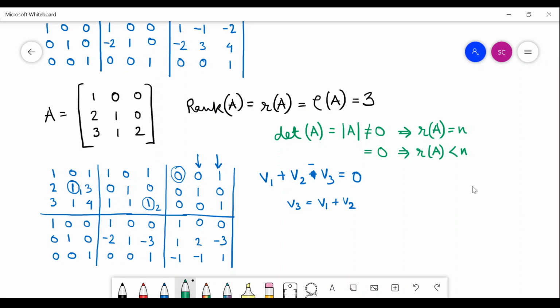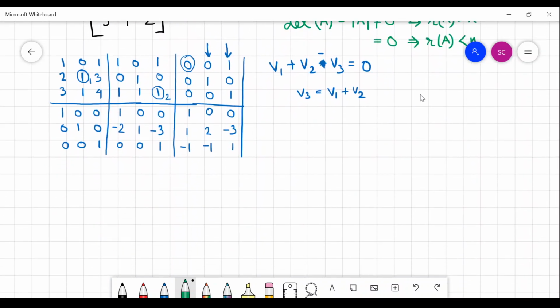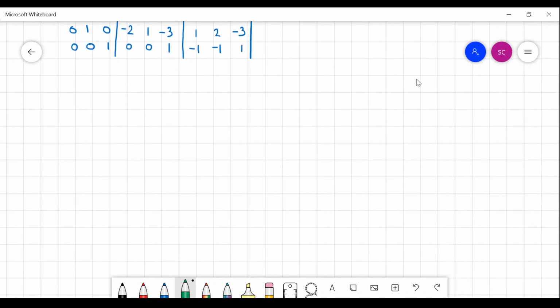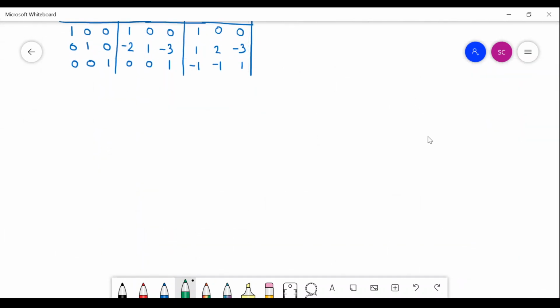Now the related concepts with the rank of the matrix are the range space and the null space of a matrix. So with that I will end this lecture, but since all these concepts are related, I take this in the same lecture. Range of A, also denoted like this. This is a space basically.